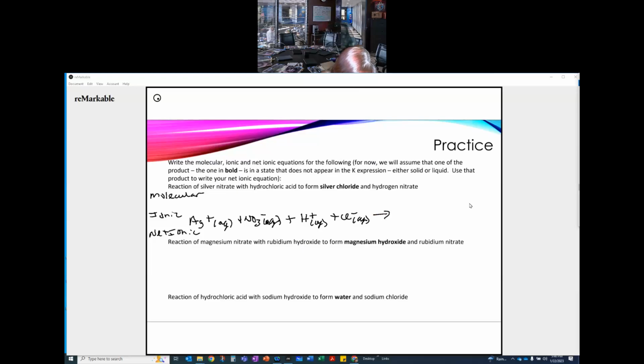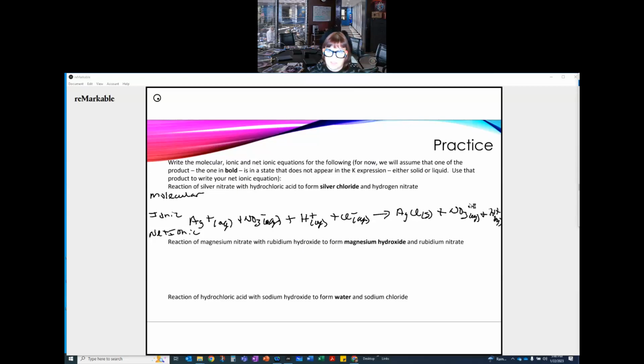When that comes together, I know that I'm going to end up with an AgCl solid. Now we'll talk about how we know which one is solid later. Okay, we'll get back to that. But for right now, it says silver chloride is the one that's in the other phase. So silver chloride is a solid. And then I have the NO3 minus, which is aqueous, plus that H plus, which is aqueous.